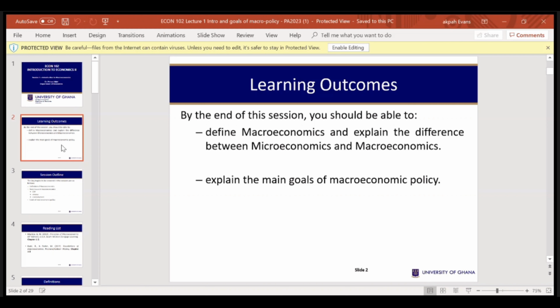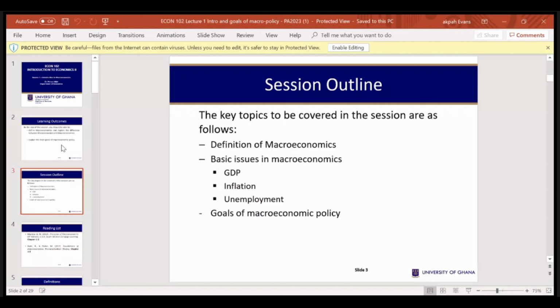Then normally we talk about the GDP growth rate, also one of the indicators. So by the time we finish these lectures, you should have a fair idea of these macroeconomic indicators. The key topics to be covered in this section are the definition of macro, the basic issues in macro, like I said, the GDP, inflation, unemployment, and the goals of macroeconomic policy.